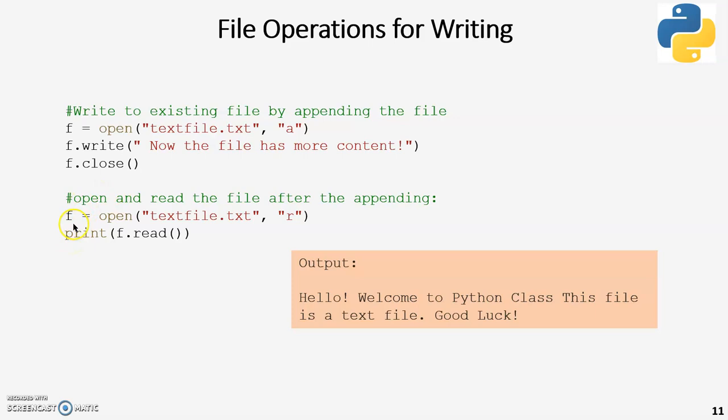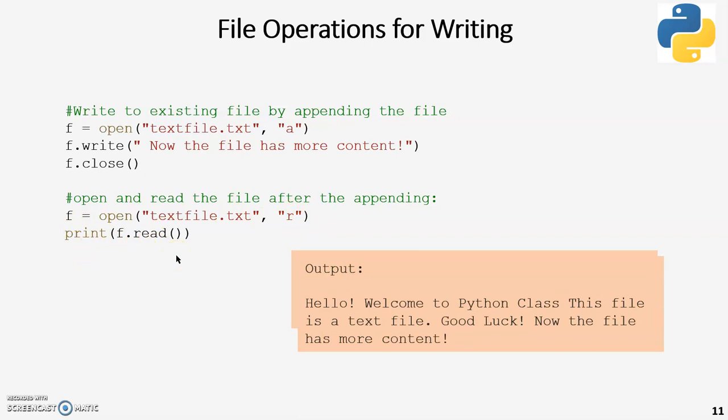For that, I need to write f is equal to open textfile in read mode and then call the read function. After that, what I find is this particular line, that is, now the file has more contents, continued in the original file, appended to it.